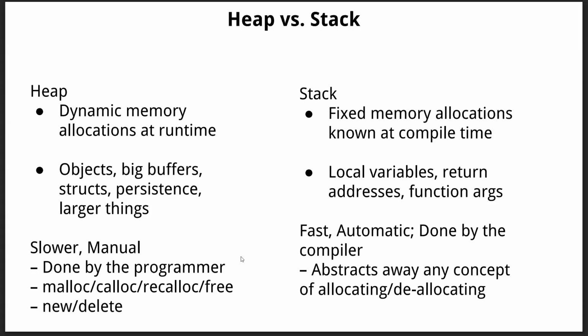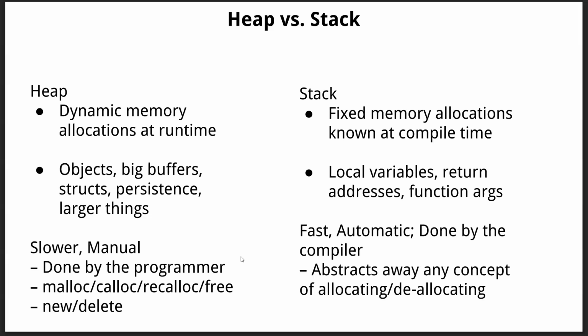Or RBP is saved. That's why the local variables are addressed using RBP minus something or EBP minus something. Relative to that, RBP minus something, that number is fixed. Okay. So those memory allocations were technically done at compile time.